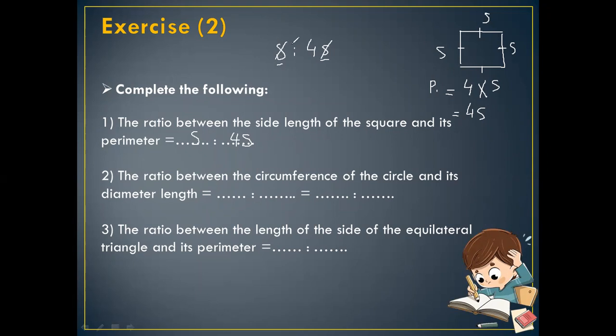So what will I write from here? I will write a 1. So it will be 1 to 4, because we have the same quantities, the same unit. Both of them have a side. So I will ignore side here and here. So it will be 1 to 4. This is the first one.